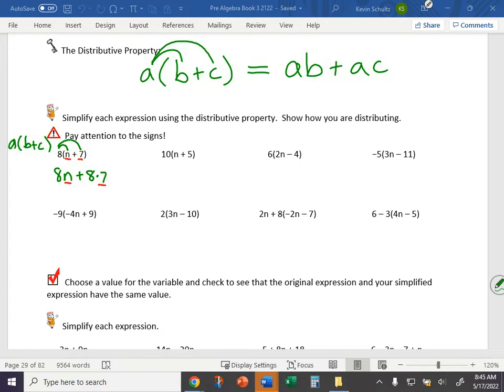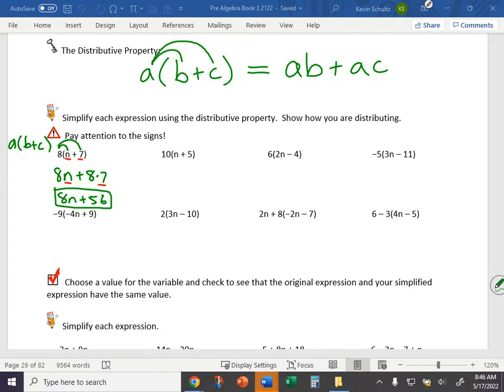Can we multiply 8n together? No, we don't know what n is, right? So we can't change that, but what is 8 times 7? 56. So our expression would simplify to be 8n plus 56. Okay? 8n plus 56. This is a way to kind of undo parentheses.